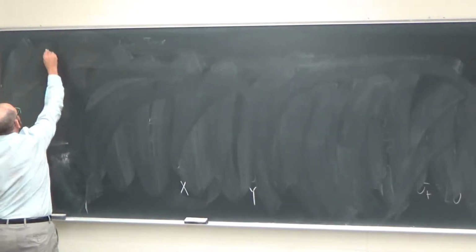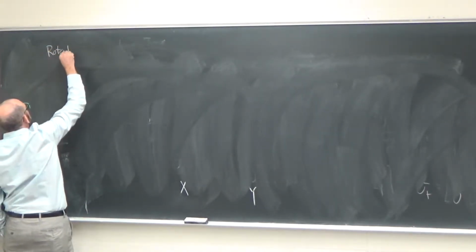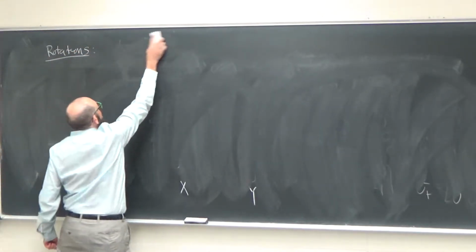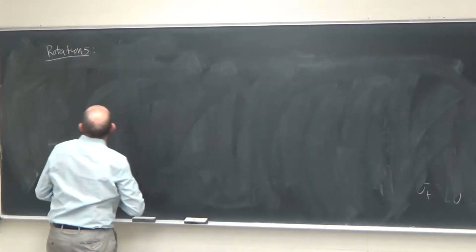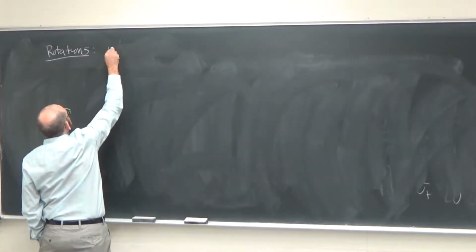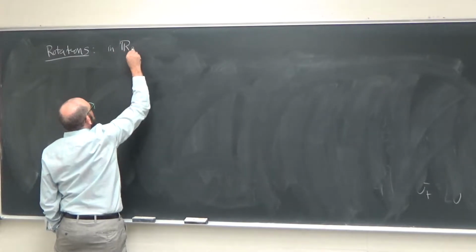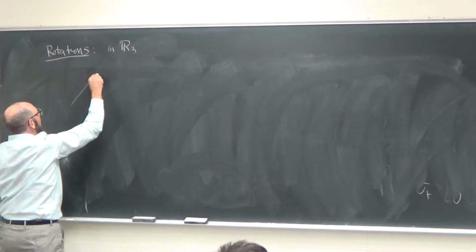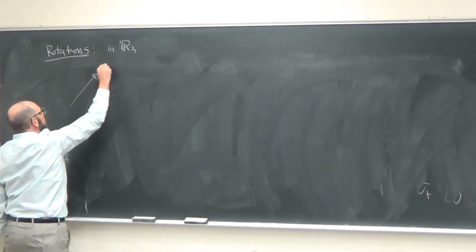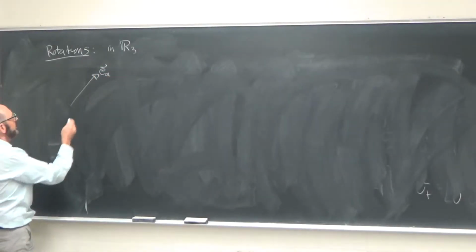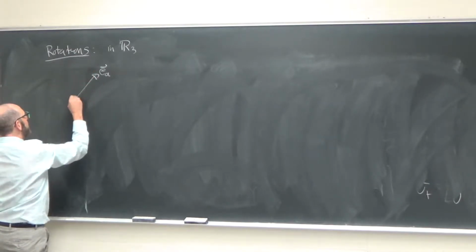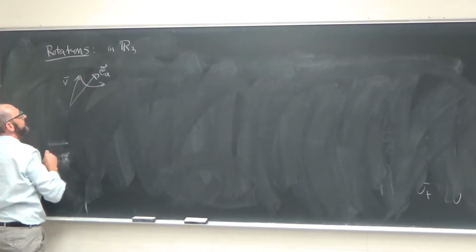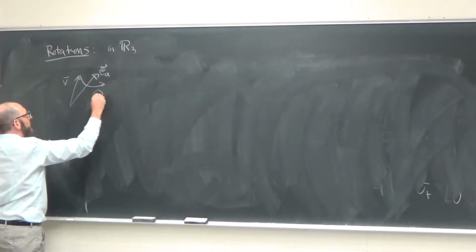So, geometrically, if we think about rotations in R3, we think about a vector whereby we have some axis, I'll call it E sub A, the axis of rotation, and we're going to rotate a vector V around that axis by some angle theta.